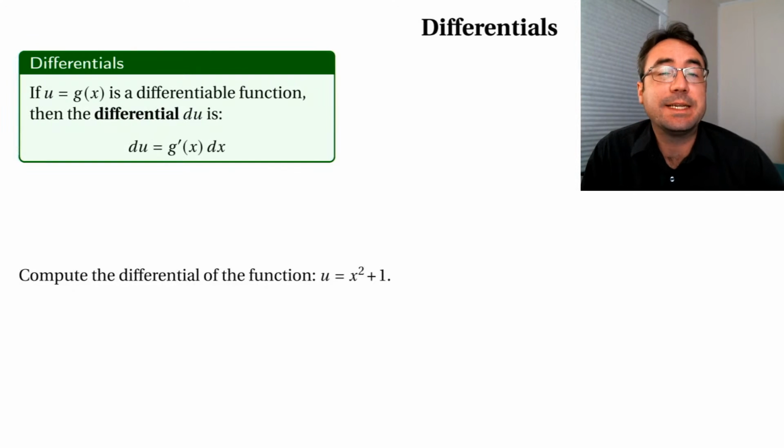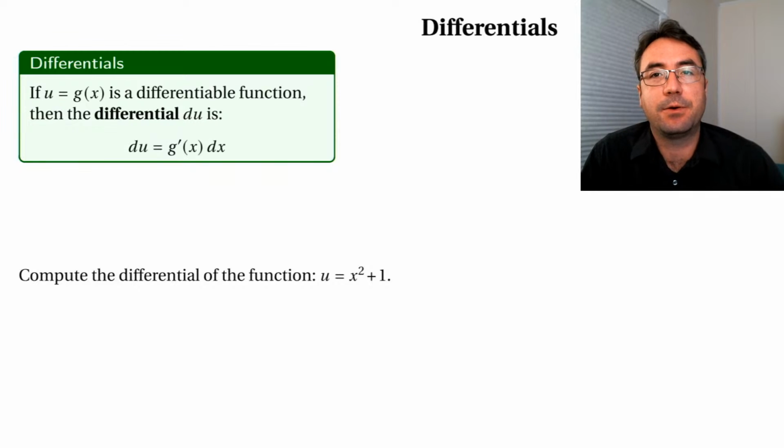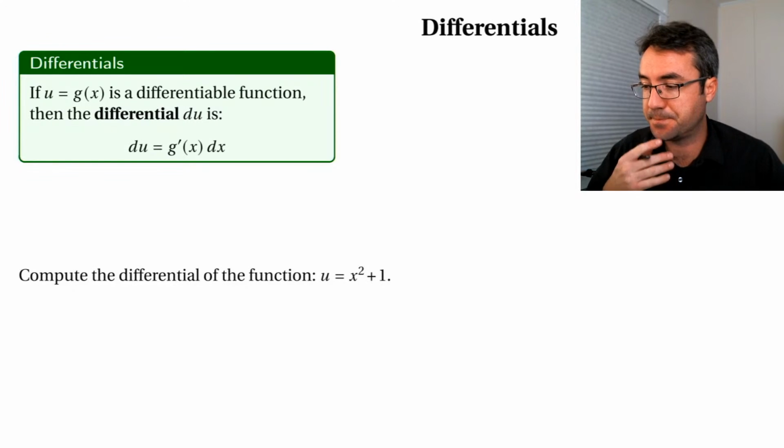So before we actually get to the substitution rule, we're going to talk a little bit about the definition of a differential. Let u equal g of x be a differentiable function. Then we define the differential du as du equals g prime of x times dx. Here we're thinking of dx as sort of like a variable.